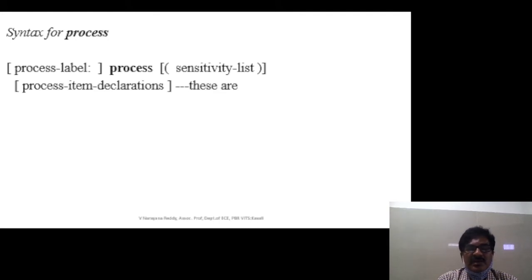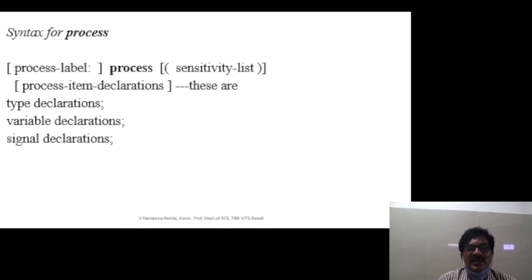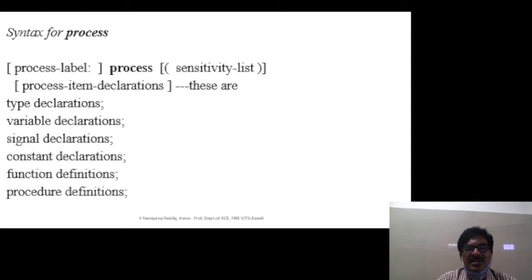Then after the process word, the next part is the declarative part. In the declarations, different types of declarations we can place. Those are type declarations, variable declarations, signal declarations, constant declarations, function definitions, procedure definitions, etc. So these are the different types of declarations you can declare in the declarative part of the process.